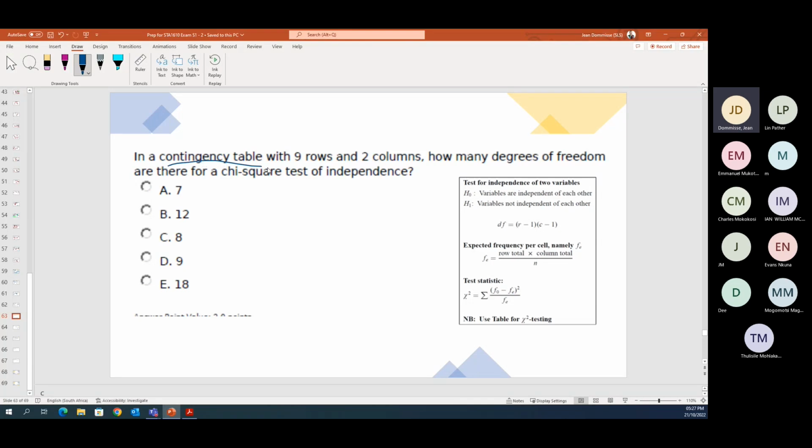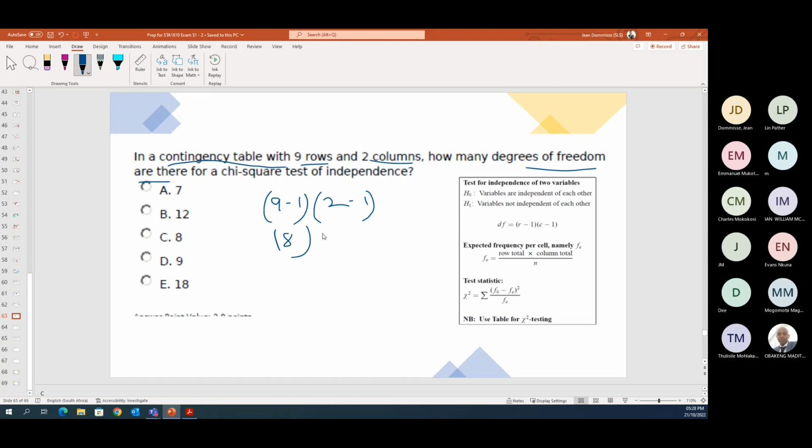In a table with 9 rows and 2 columns, what's the degrees of freedom? So 9 minus 1, 2 minus 1, so that is 8, and that is 1.